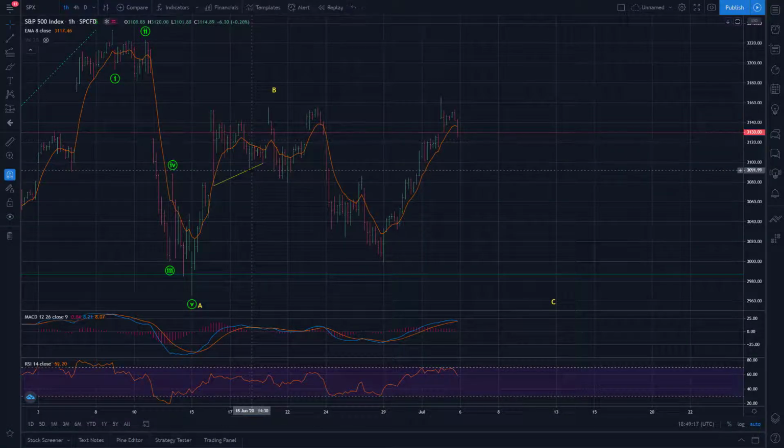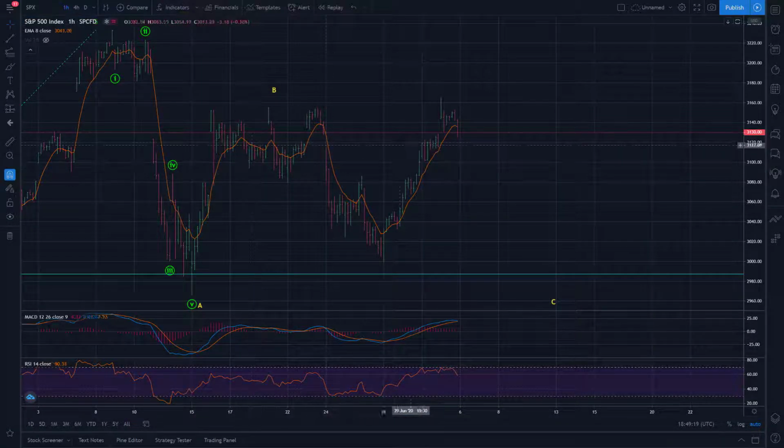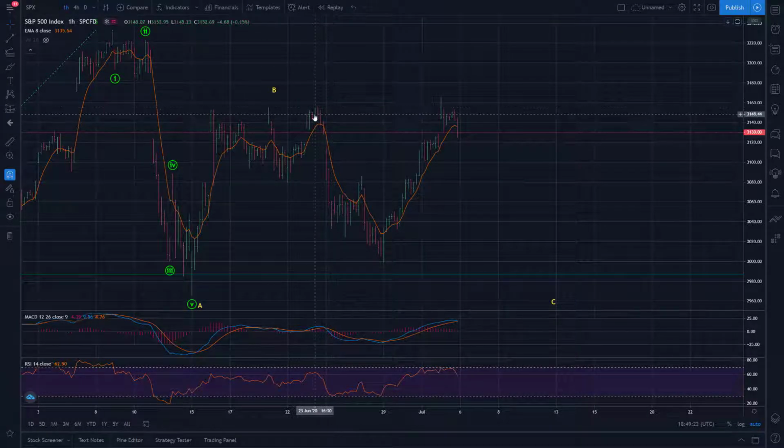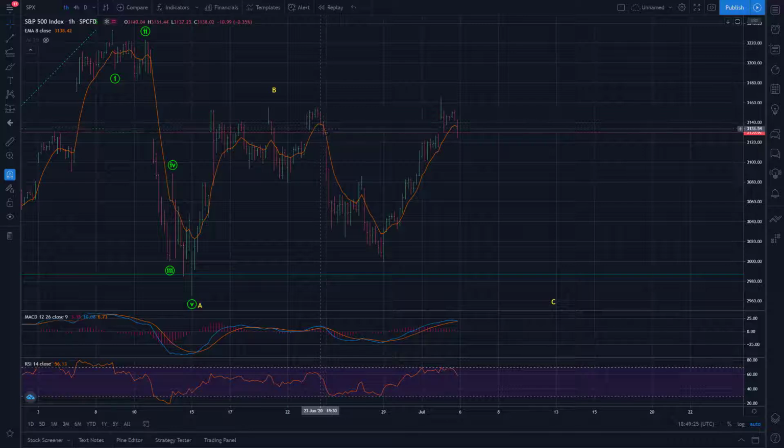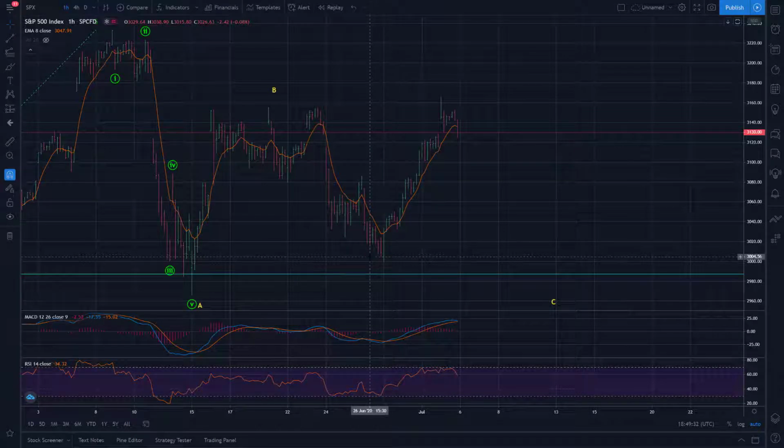So really, as far as a trade went, it was still a good idea to get short up here. I believe on ES I got short in the low 3100s. I did take some profits, as I mentioned in my last video.